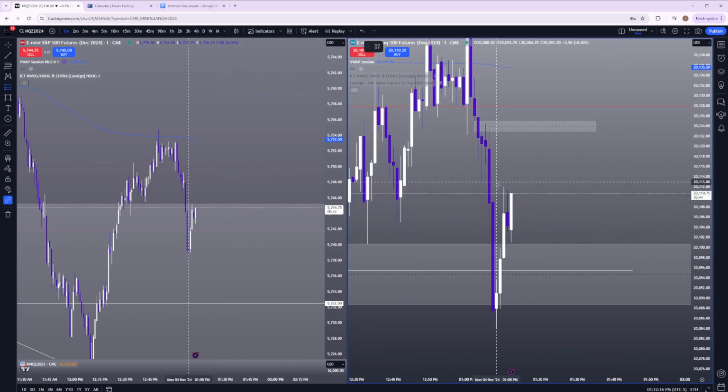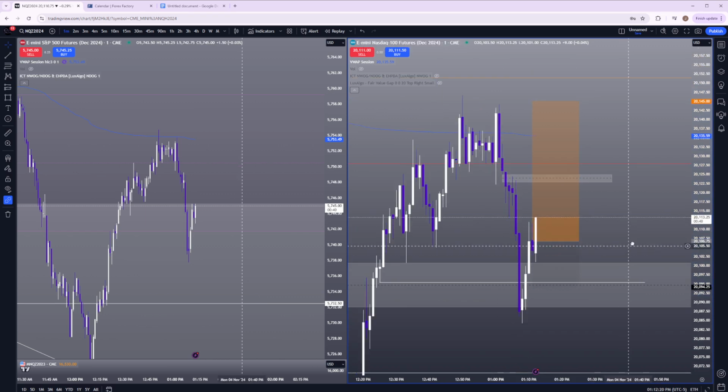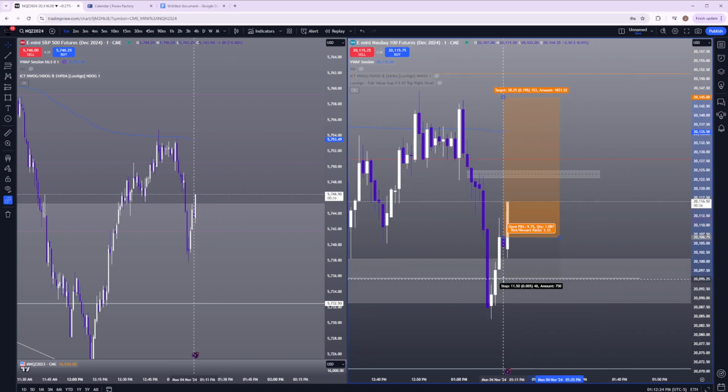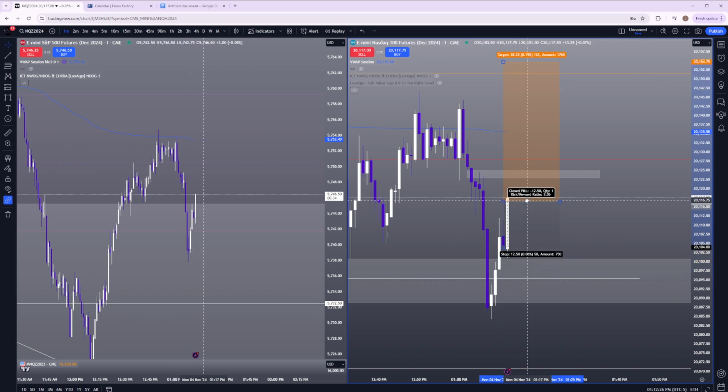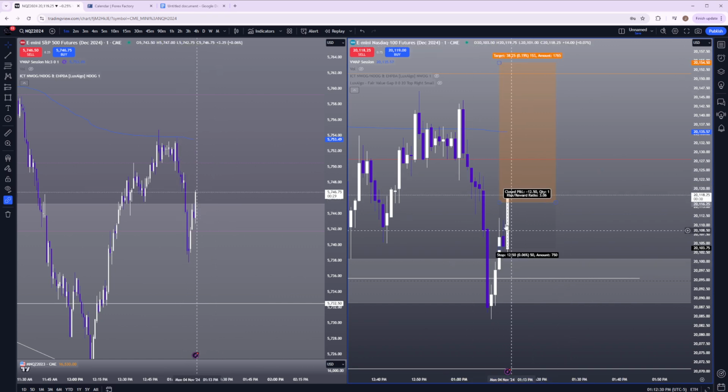Guys, I think I'm going to start looking for longs here. I want to start looking for a long entry here, guys. Okay, it's running away too quick for this entry, so I'm going to wait for this inversion entry here.